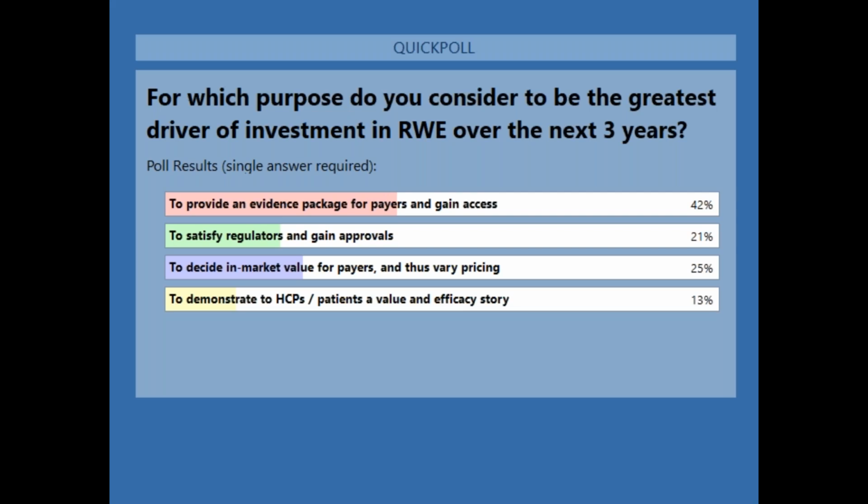Eddie, anything final from you? No, the only thing that I would add is, I think the value equation is always changing, and it's going to continue to evolve. It'll change with perspective. It'll change with new evidence that becomes available. So I would just encourage, as those of us from the pharma side work with HTAs and payers and value assessment framework developers, that we're cognizant that, at the end of the day, we're moving towards price and value-based price.